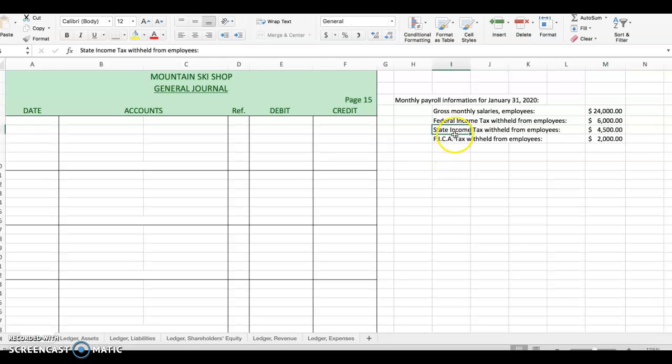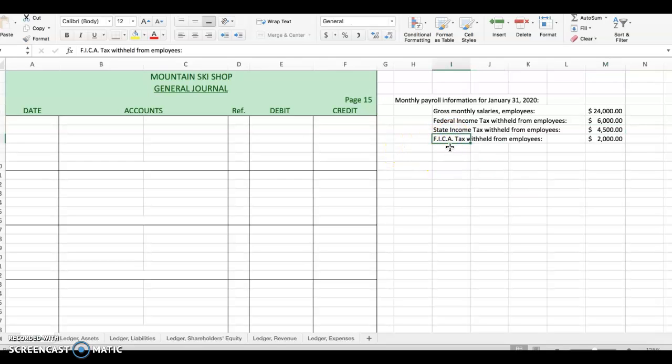Same way with state. The state income tax withheld from the employees is $4,500, and once again, that amount of money is required by law and will vary from state to state. But we are withholding it from the employees and will pay for them to the state later on.